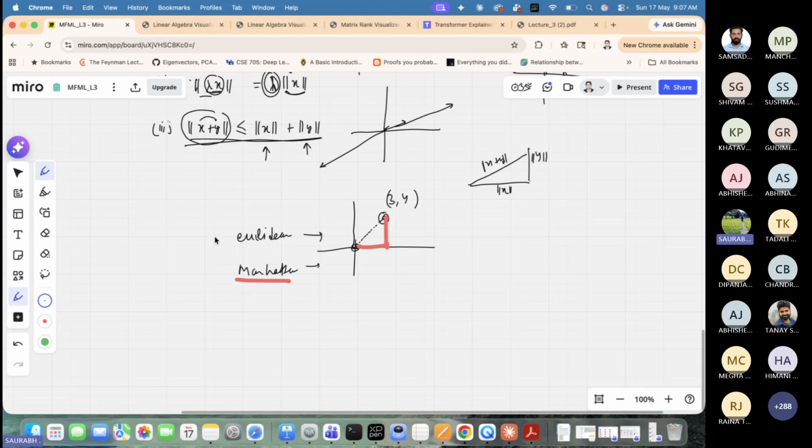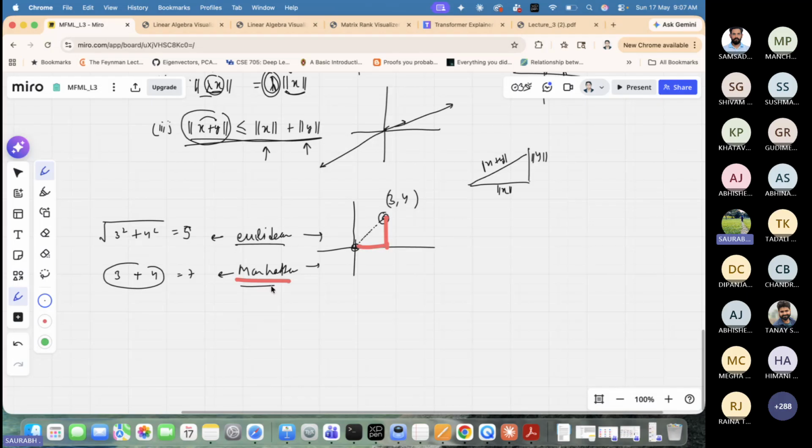In Euclidean distance, if you have to find out the length, you will just be doing 3 squared plus 4 squared. In Manhattan, you would find out how much it is in the x direction, which is 3, and how much it is in the y direction, which is just 4. So Manhattan distance would be 7, and for Euclidean, 9 plus 16 is 25, so it would be 5, right?